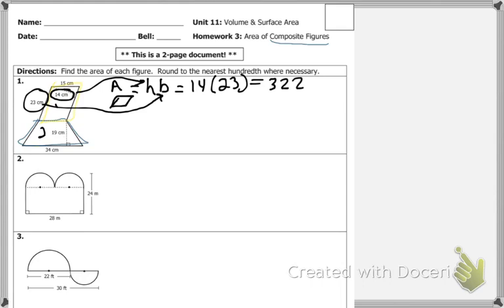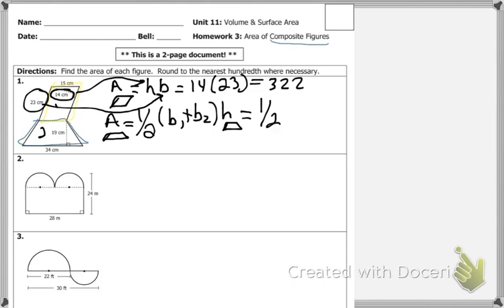Perfect. So now I need to find the area of the trapezoid. The area of a trapezoid, well, that's this formula: 1/2 base 1 plus base 2 times the height of the trapezoid. So this ends up being 1/2. We know this right here because it's the same as that one.